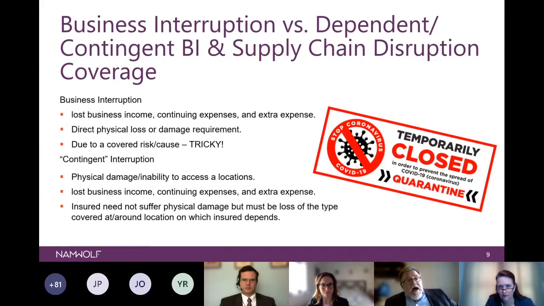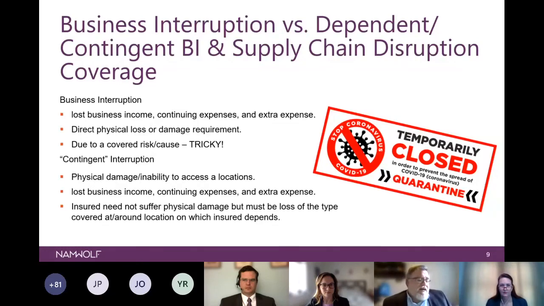And Dan, I feel like this is something that came up a lot after 9/11, for example, when businesses in Lower Manhattan, you couldn't access Lower Manhattan, right? Exactly. These are the kinds of claims that absolutely came up after 9/11, and there it was relatively clear that there was damage that made it impossible to access.